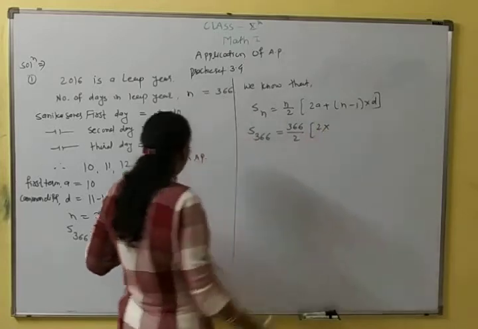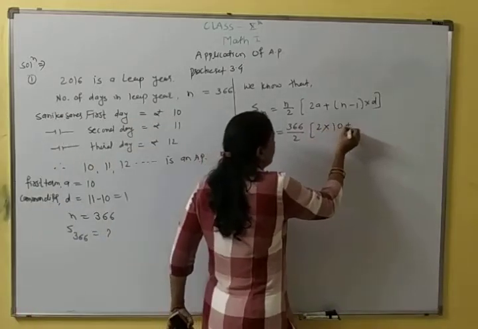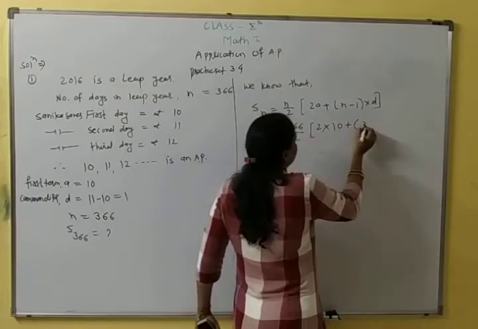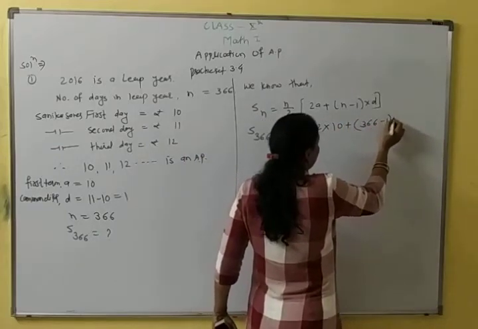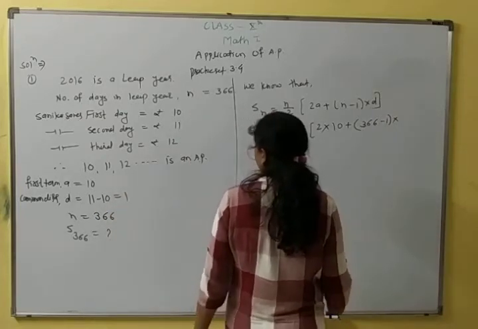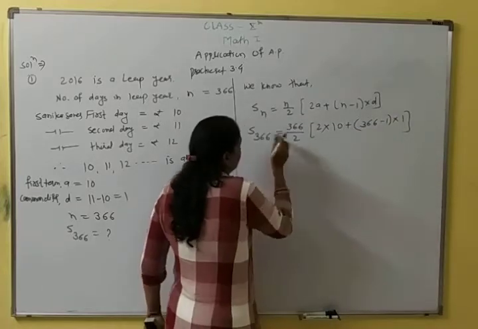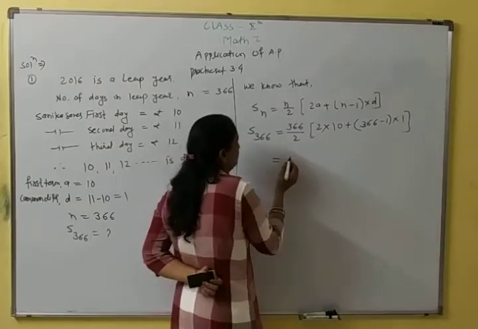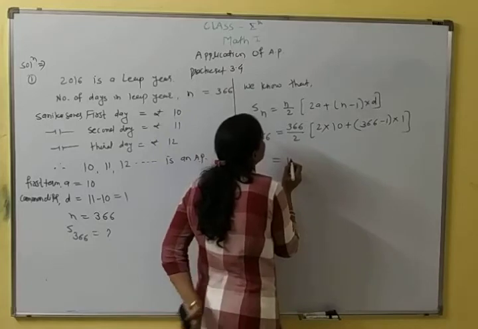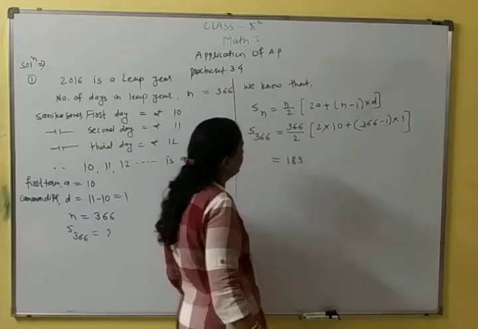Here 2 into the first term, which is 10, so 2 into 10 plus n, which is 366 minus 1, and d is 1. Solve this. 366 divided by 2 is 183.